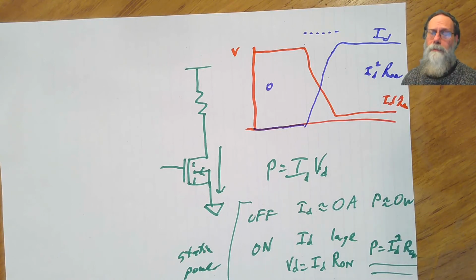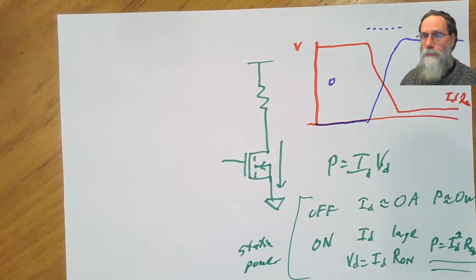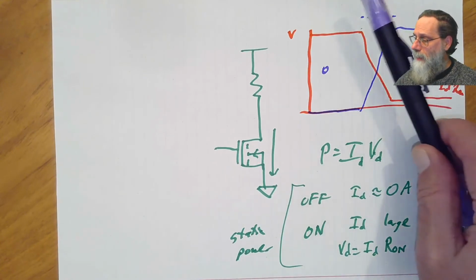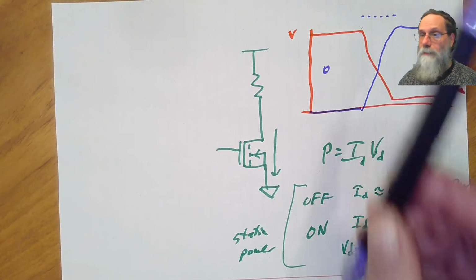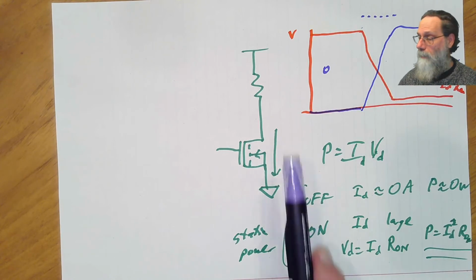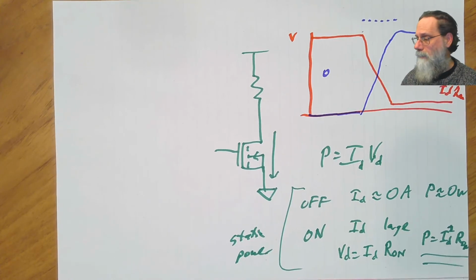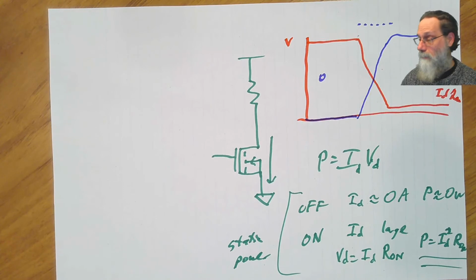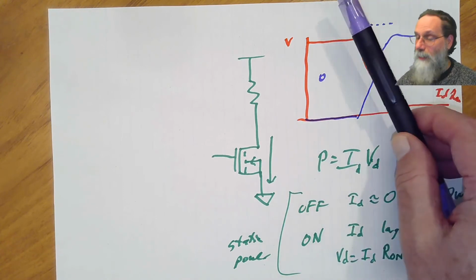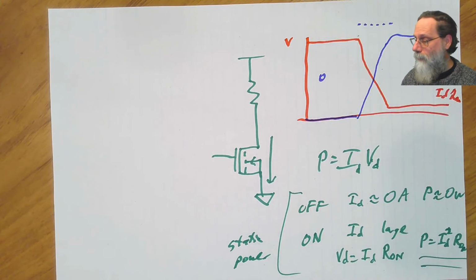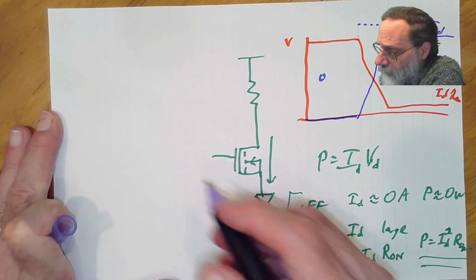Well, we can make a rough approximation of this with a pretty simple model. We can pretend like these lines here are straight lines, and if we've got a resistive load here, that's actually not a very bad approximation. The current goes up at the same time the voltage goes down. Okay, so what happens to the power?